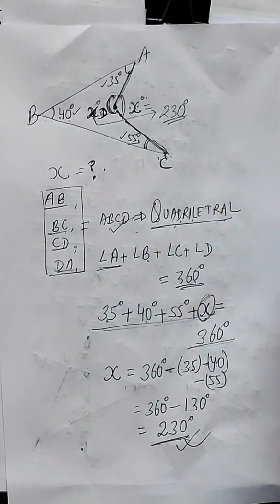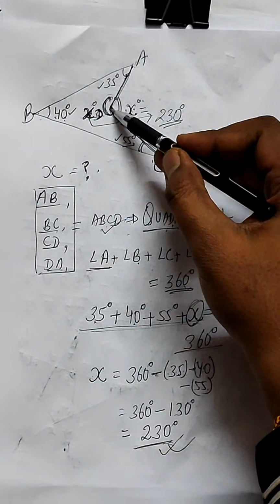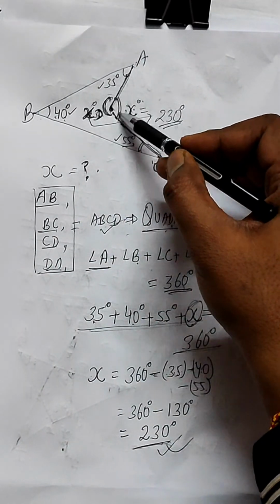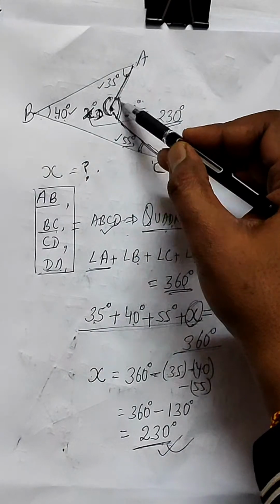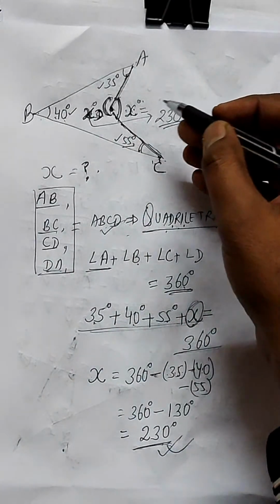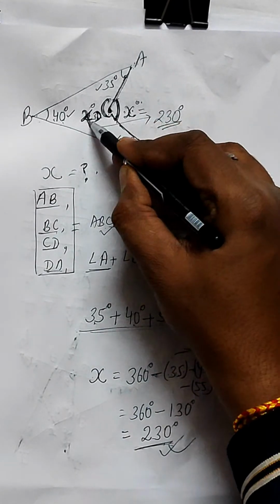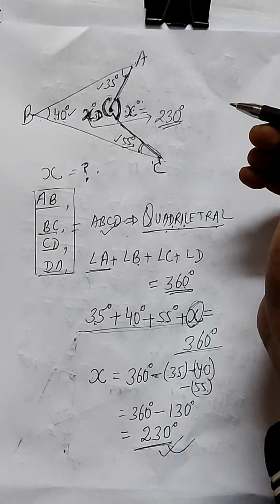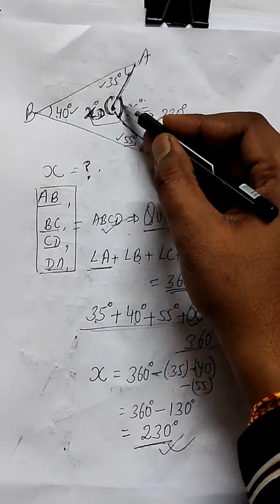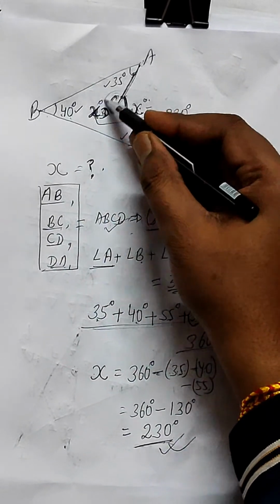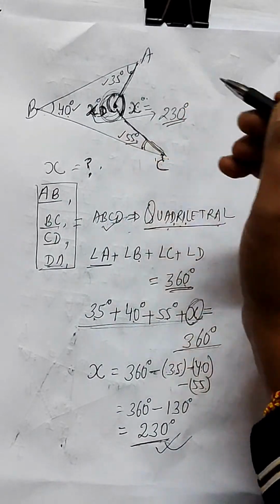We know that ABCD, just see here. If this is x, now if this is x, we can say that this one is 360 minus x, because using the same concept, right?